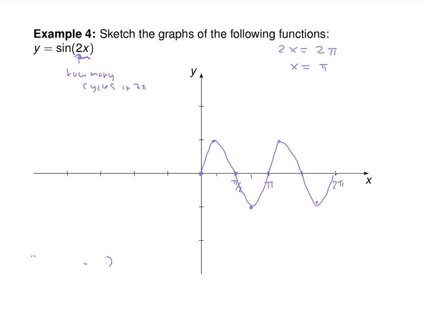Can you also graph the negative side? Let's just do that, okay? There you go.